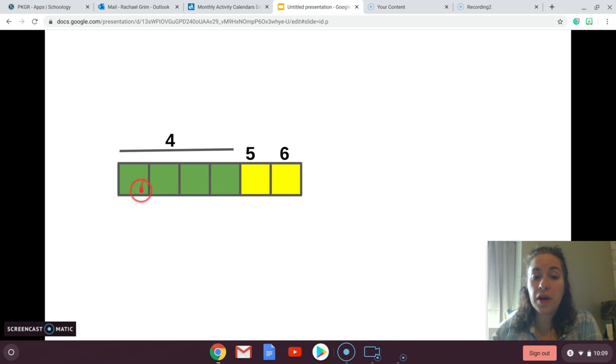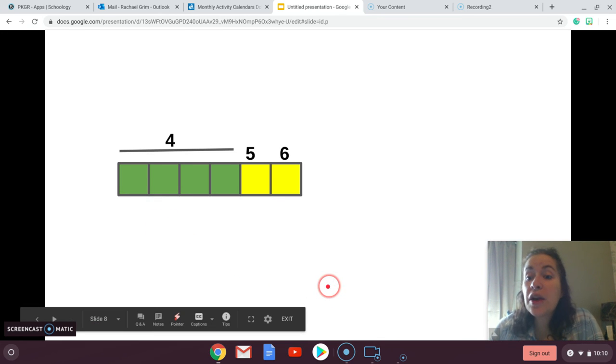So 4, 5, 6. I'm just counting on from there. Maybe you did it backwards. Maybe you looked at the yellow ones and you said, oh, there's 2 yellow ones, so I can go 2, 3, 4, 5, 6.